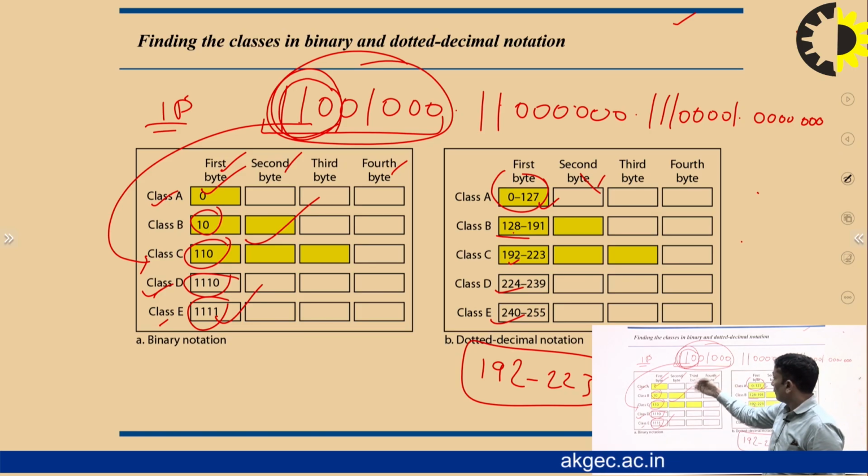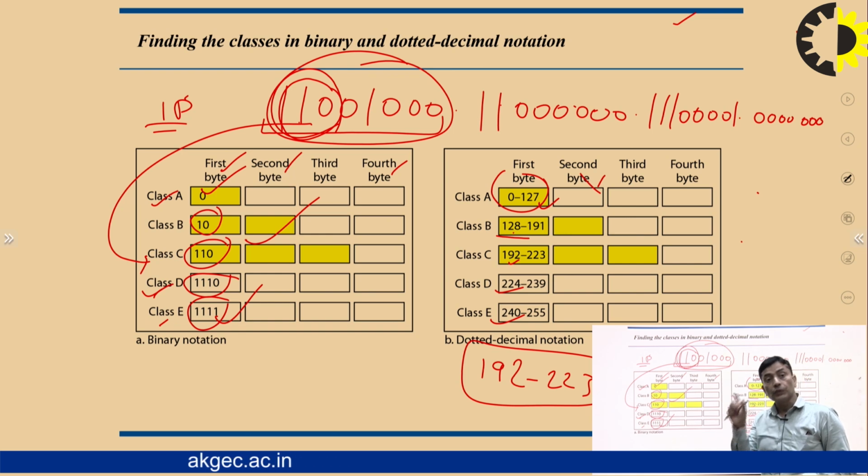If dotted decimal is given, you can easily convert the first byte into binary, and then you can check which class it belongs to.